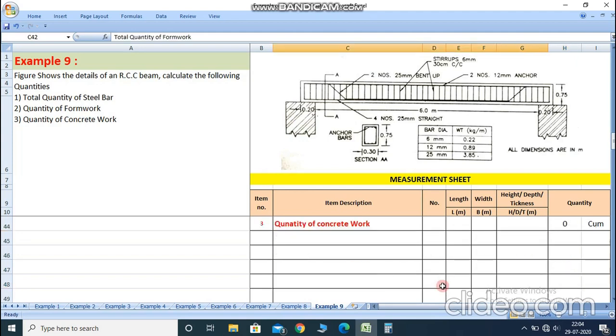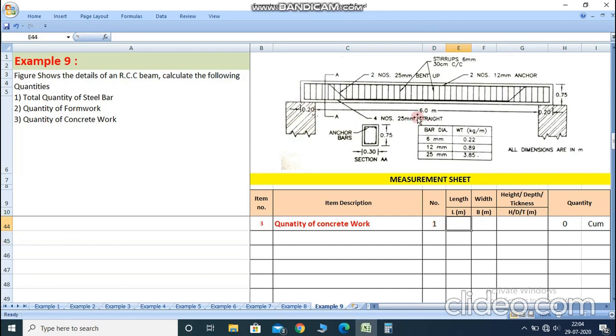So the summation of 1.8, 9.6, and 0.45 is equal to 11.85 square meter, the total quantity of the formwork. Now the quantity of the concrete work is the third item we calculate. Here a single beam is provided, so first we write 1.